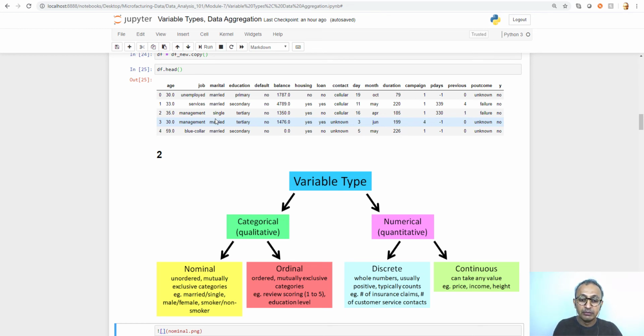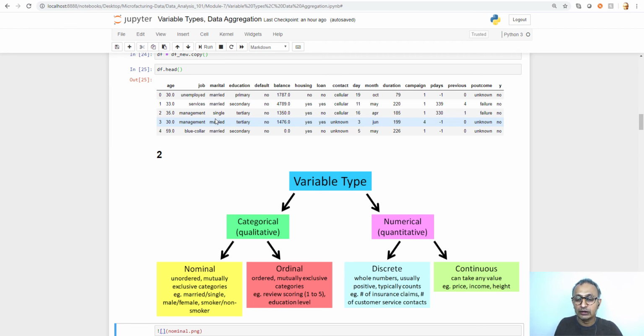But a review score, as we just talked about, definitely is an ordinal variable, so you can assign an order. You can think of a review score as level 1 being below level 5. Educational level you can also think of as an ordinal variable. If you have income versus educational level, you would expect that the more educated you are, the higher the income you will make in a given year, right?